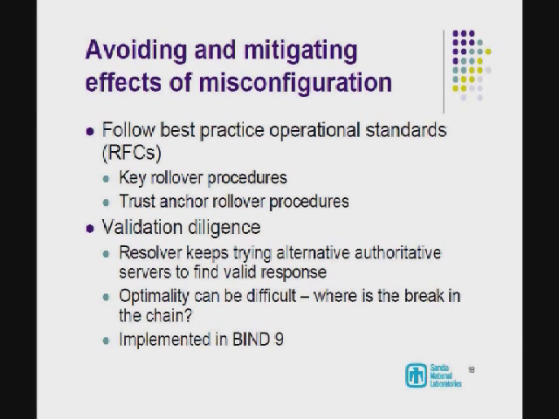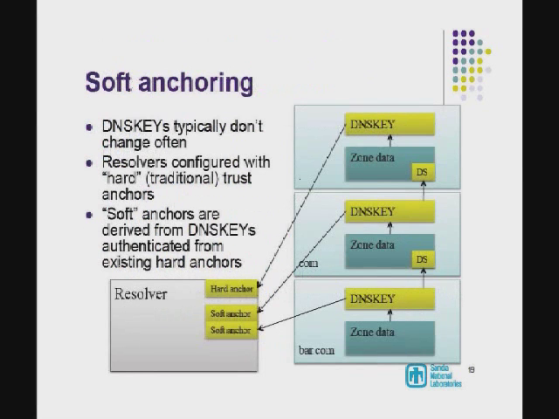Okay, so one other idea that we've come up with to mitigate some of the misconfiguration is an idea that we call soft anchoring. The principle behind it is that DNS keys typically don't change too often. Maybe your ZSK rollovers are happening perhaps monthly, KSK rollovers maybe yearly, something like that.